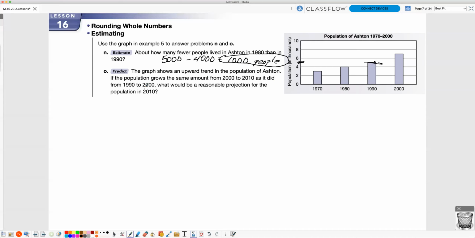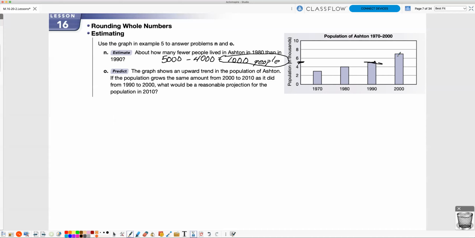And letter O, the graph shows an upward trend in the population of Ashton. If the population grows the same amount from 2000 to 2010 as it did from 1990 to 2000, what would be a reasonable projection for the population in 2010? So in 1990 there was 5,000 people, and in 2000 there was 7,000.